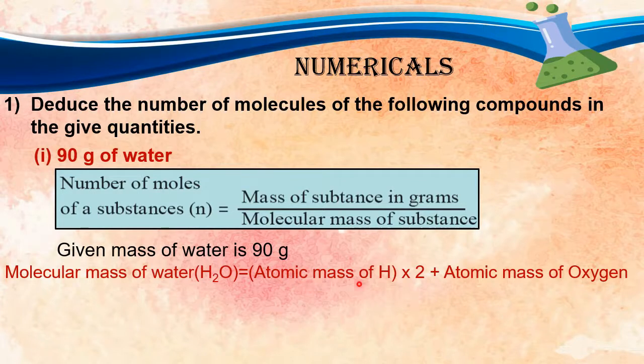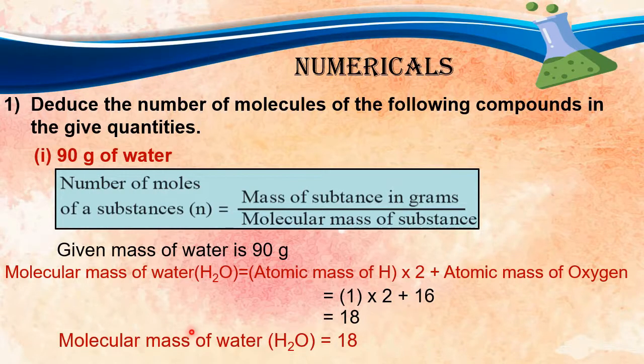Atomic mass of hydrogen is 1. Atomic mass of oxygen is 16. So here we have got the molecular mass of water is 18.